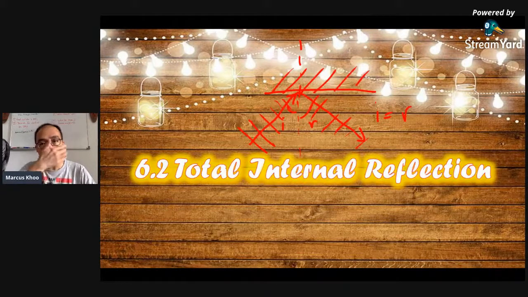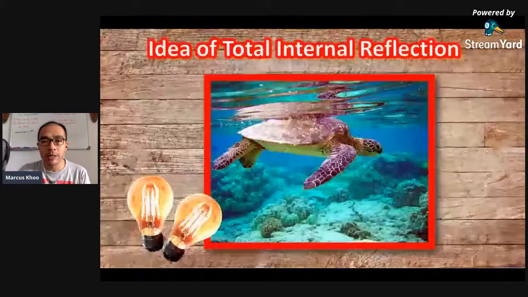But in this subtopic, we're going to discuss something that is very specific to light waves. Light has this interesting characteristic, this interesting phenomenon which we call total internal reflection. Now to understand how total internal reflection works, let's take a look at this picture.